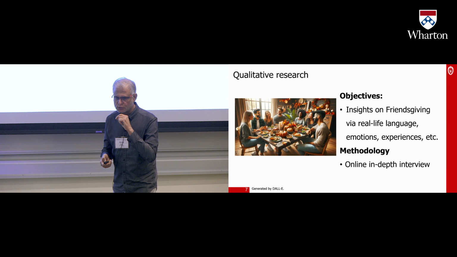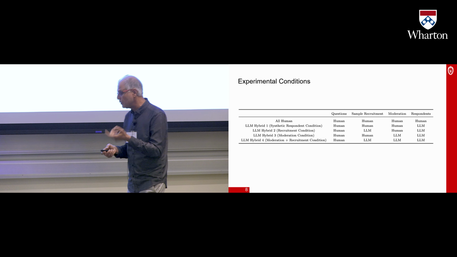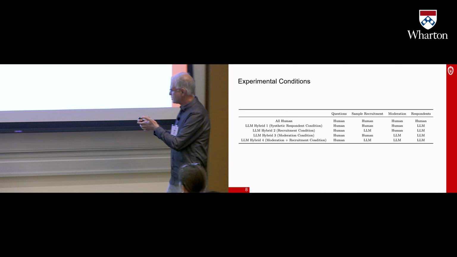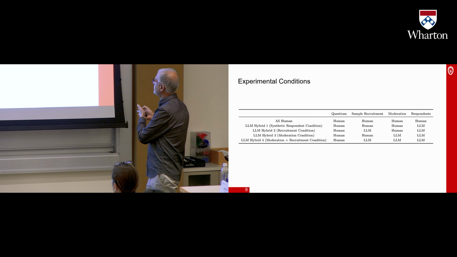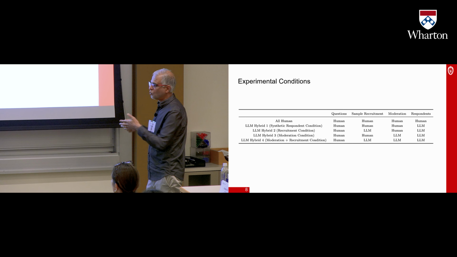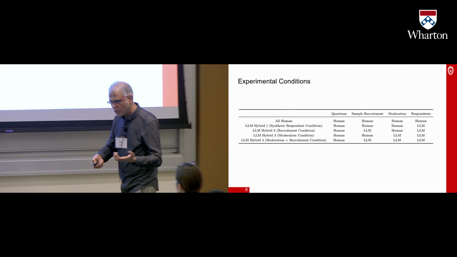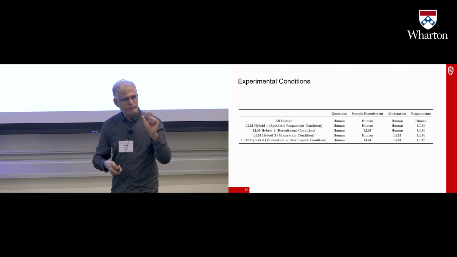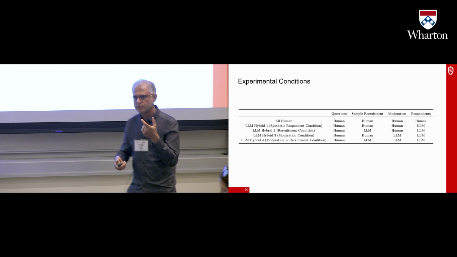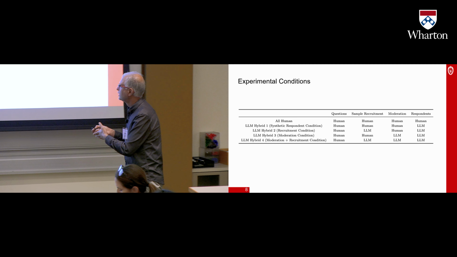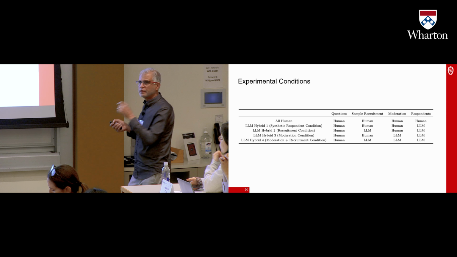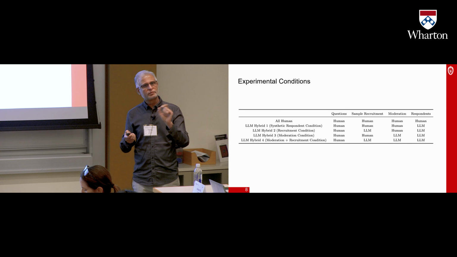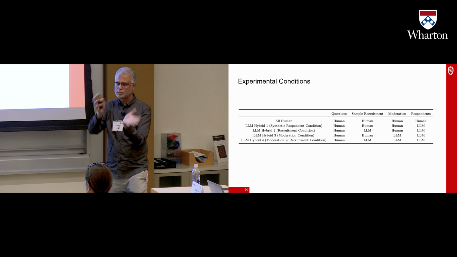So within this qual space, what we already have is this, right? This was actually done by the company. What we are doing now is we have various versions of LLMs, four actually. They could be something as simple as, let's generate synthetic respondents that look exactly like the real people from a persona standpoint.